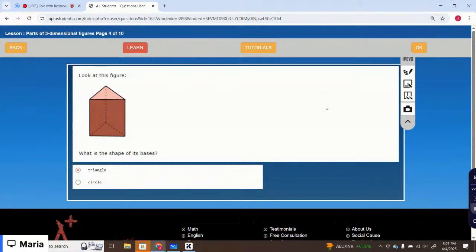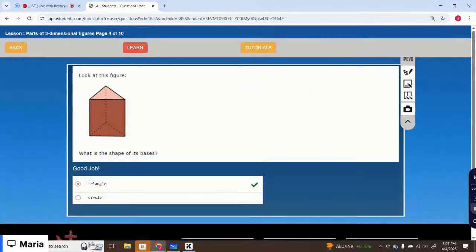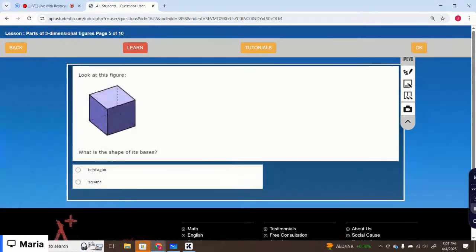Option number one is the correct option. That is a triangle. Look at this figure. What are the shapes of its bases? The base is square. Option number two is the correct option.